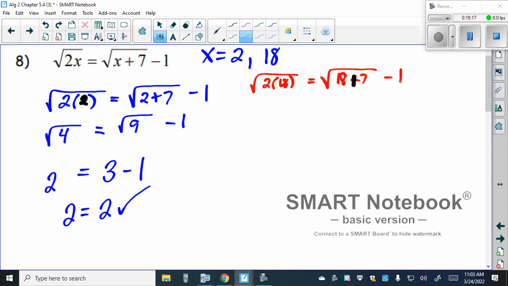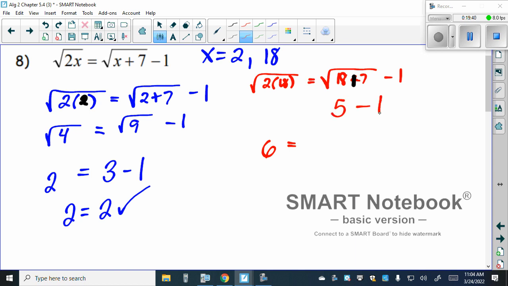Well, again, if y'all are working this out, especially on the homework, most likely you would have plugged this in. Square root of 2 times 18 and gotten 6, because 2 times 18 is 36. Square root of 36 is 6. On the other side, 18 plus 7 is 25.